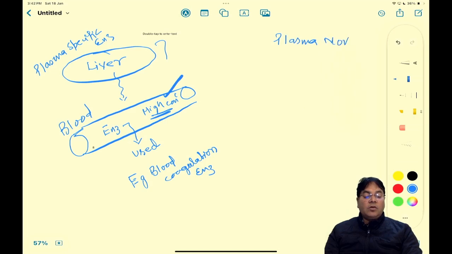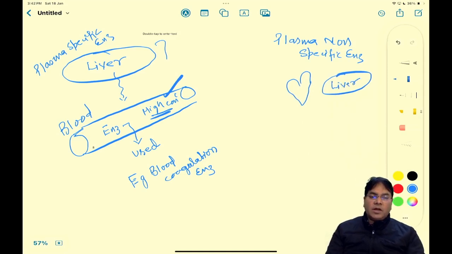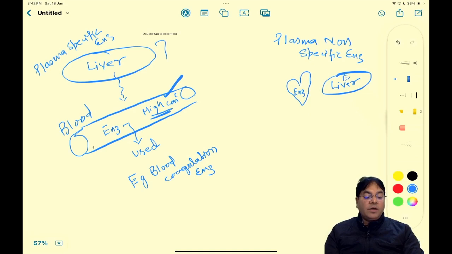Plasma non-specific enzymes. Say, for example, if I have shown you this heart or liver or some other organ, there are certain enzymes which are present in the cells of these organs only. So these enzymes are found inside the body organs or body tissue.